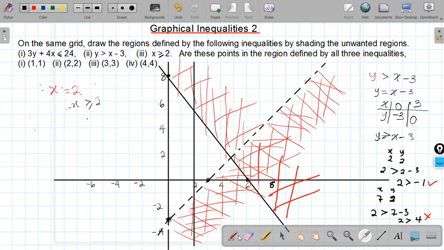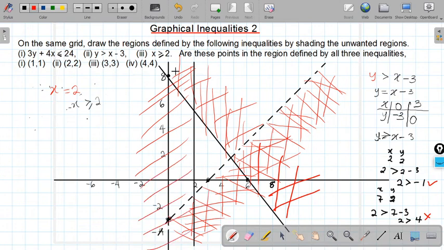So we are going to shade the unwanted part, the ones that are less than. So you can see that we now have a small triangle there, which we call the region. So this is the region.